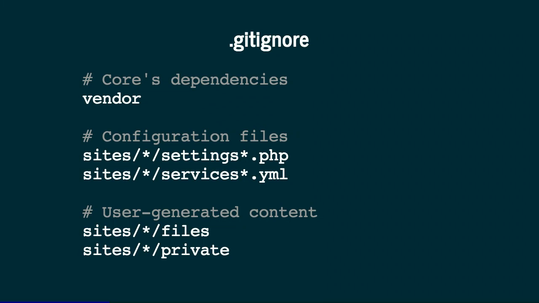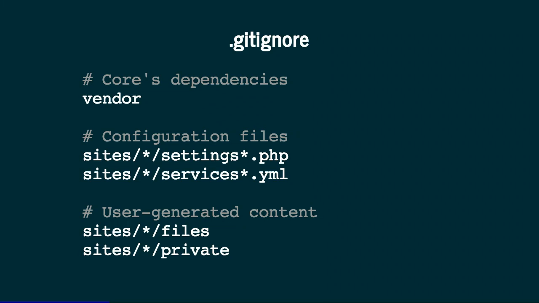As you can see, this file is ignoring the vendor directory. It means we are no longer committing the dependencies into the repository. It means when someone clones your project, that project doesn't have the dependencies. You must run a composer command to download all those dependencies. It also ignores some other files, like every file within sites.